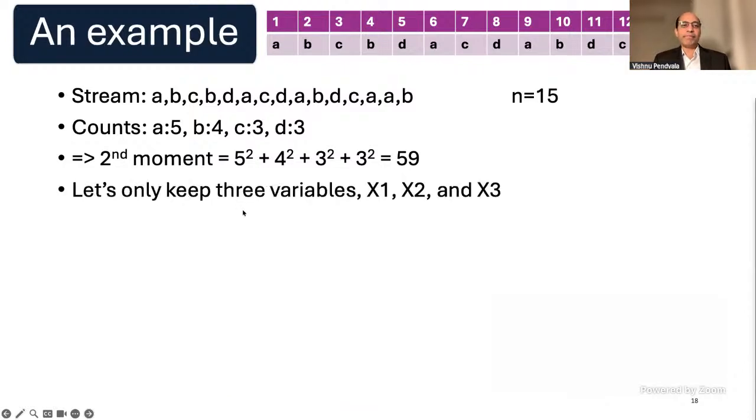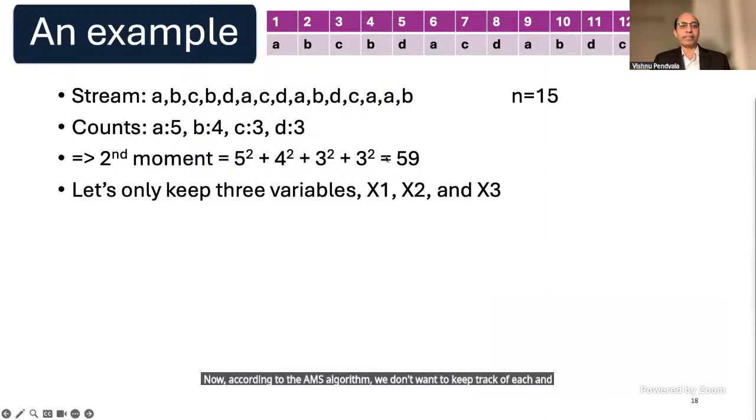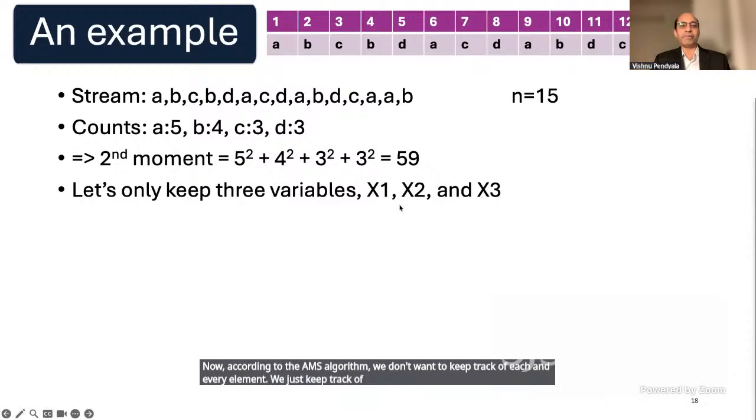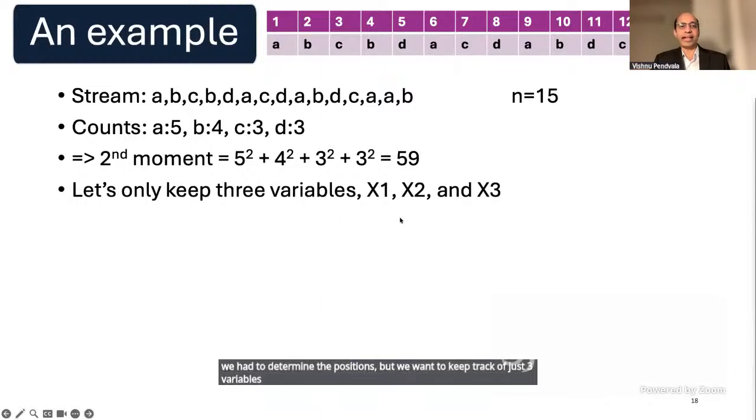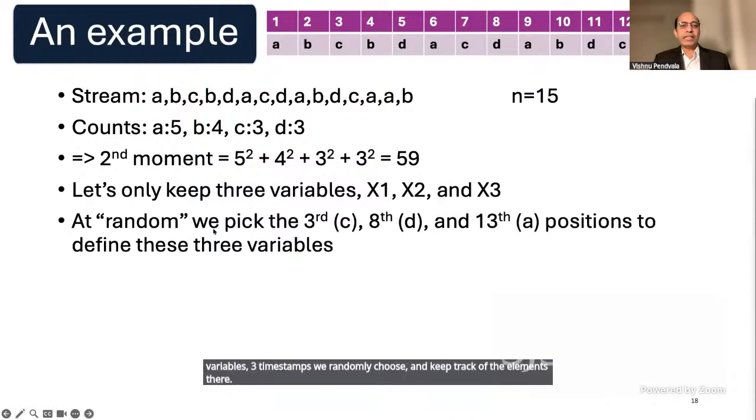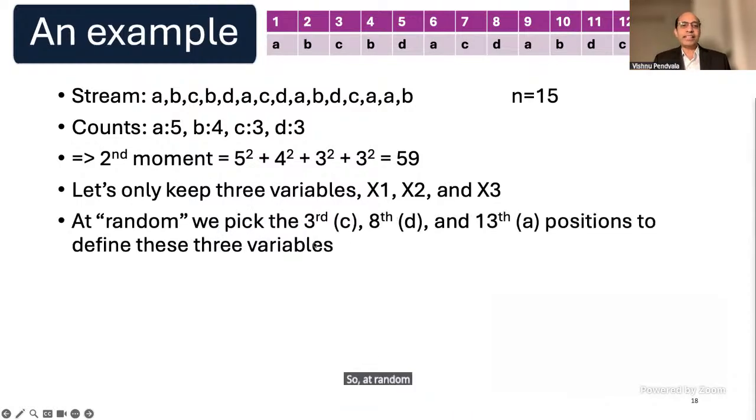Now, according to the AMS algorithm, we don't want to keep track of each and every element. We just keep track of the elements at certain positions. We have to determine the positions, but we want to keep track of just 3 variables. 3 timestamps we randomly choose and keep track of the elements there. So at random, we pick the 3rd, 8th, and 13th timestamp positions to define these 3 variables.